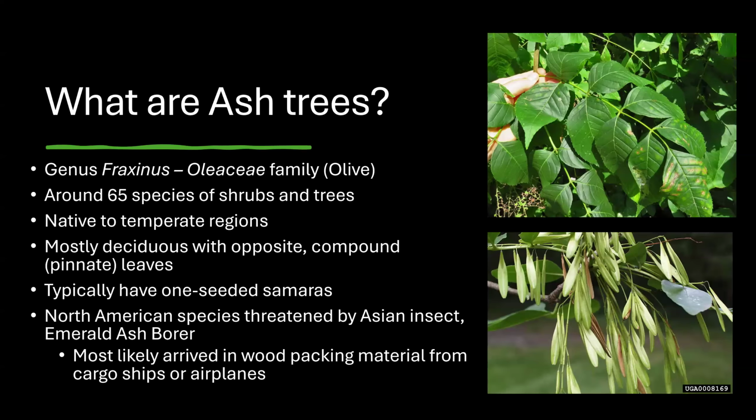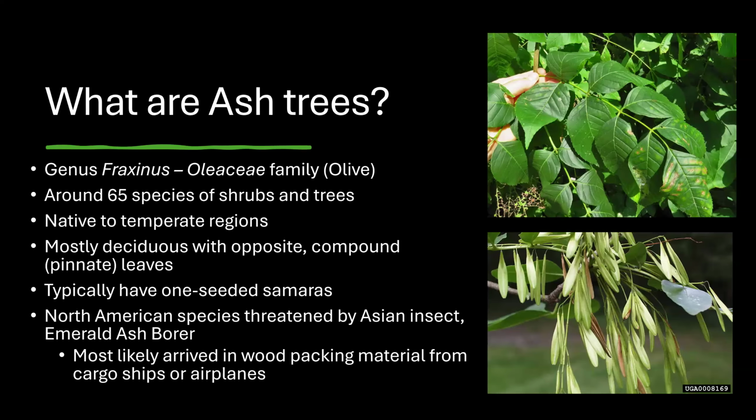As I just mentioned, we have 3 ash species that we're going to specifically talk about today, the 3 main ashes that we see across the state. There could be other ashes, like the black ash, which is found in the northeastern part of the US.